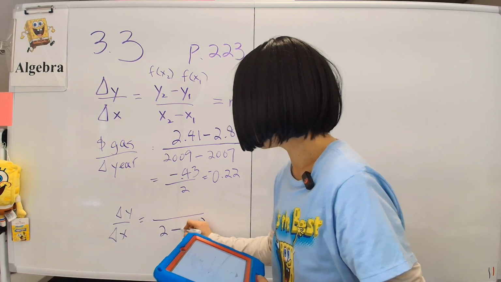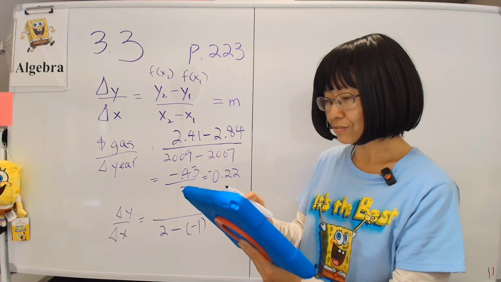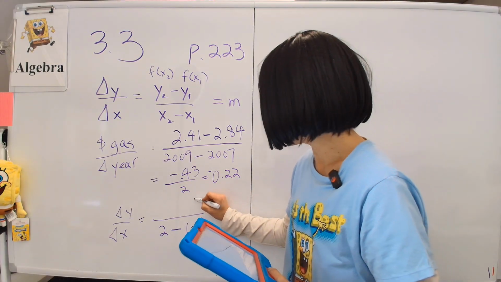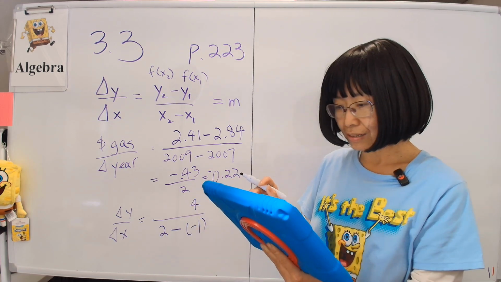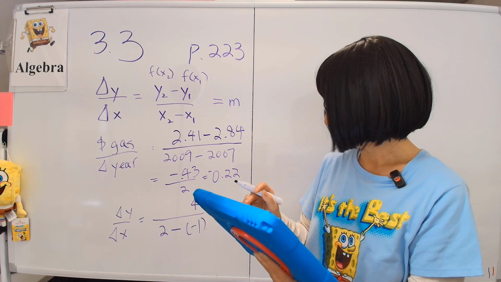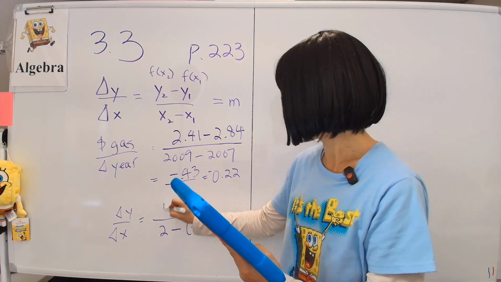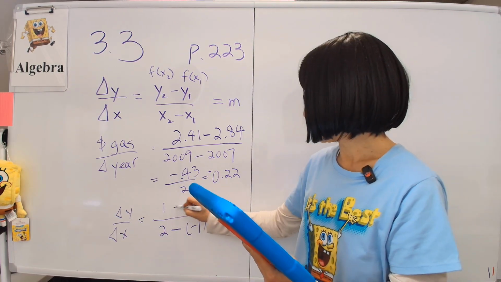So we have 2 minus minus 1. And then the y values: the first y value looks to me to be 4, and the second y value is, what did I say it was? 2, right? Yeah, it's at 1. So that should be it.